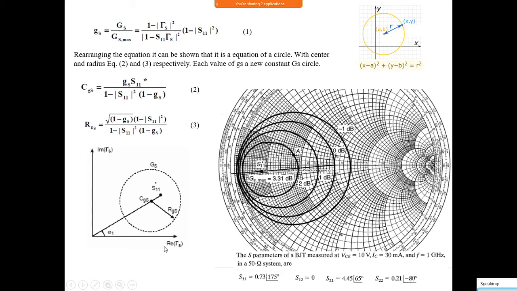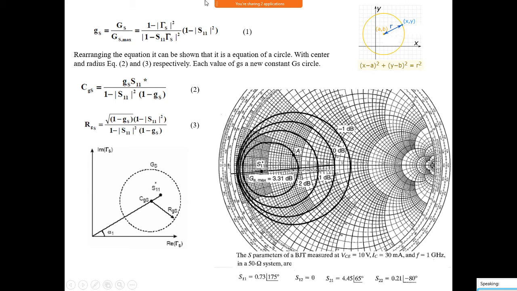Its real part is the x-axis, and the imaginary part of 2S is the y-axis.